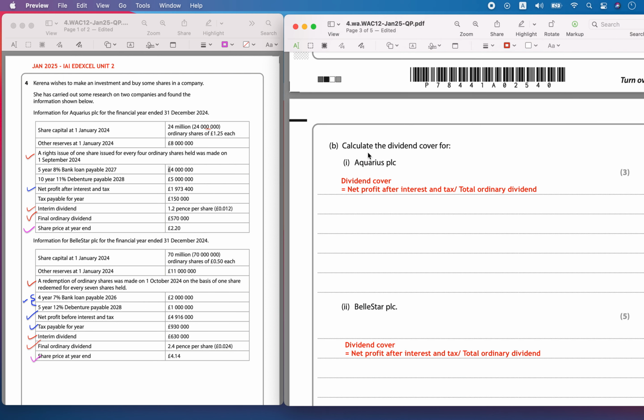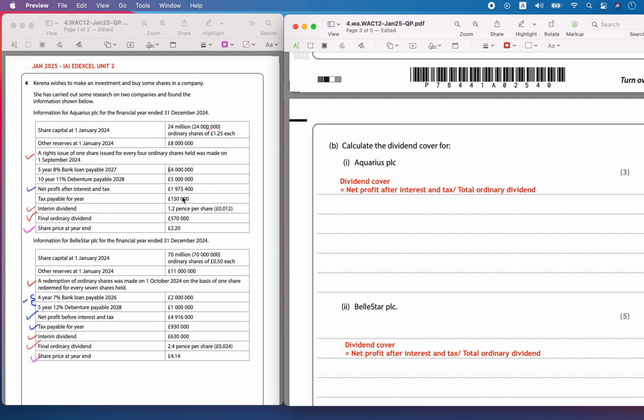Next, let's calculate part B. Calculate the dividend cover for Aquarius PLC. The formula for dividend cover is the net profit after interest and tax divided by the total ordinary dividend given to the shareholders.